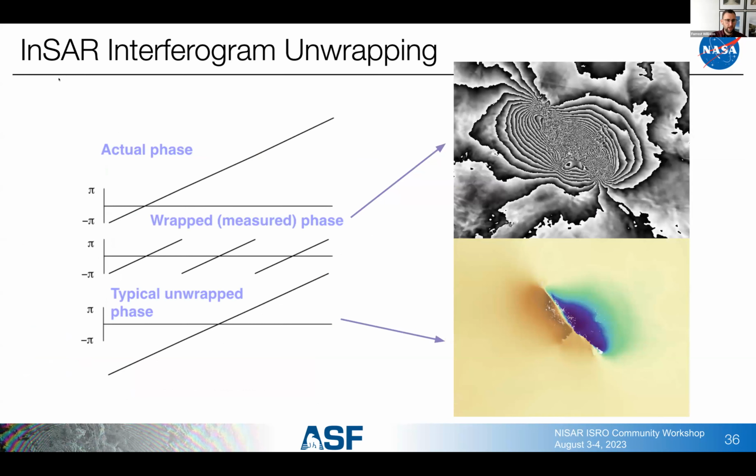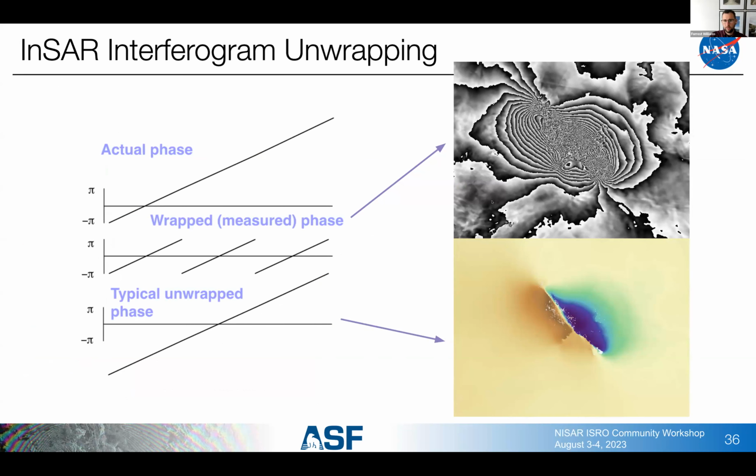So now that we have our measurement of our interferometric phase and our coherence, we now finally need to get from a wrapped InSAR image into a deformation field that we can actually use. And so, as I mentioned earlier, here's another example of an interferogram, but here in grayscale.